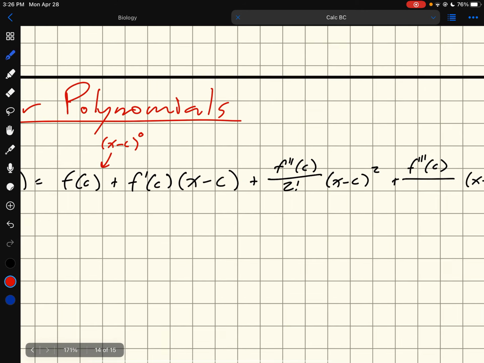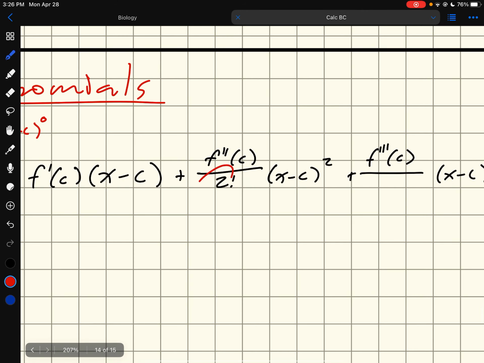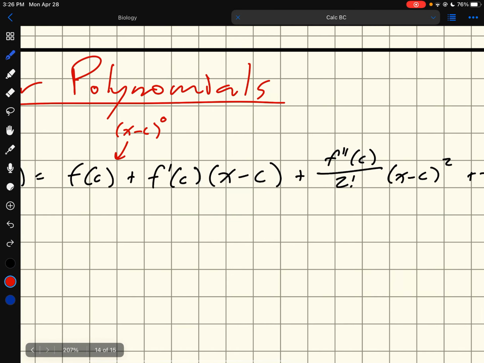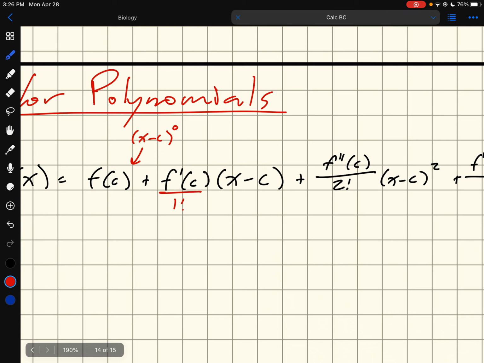And then another thing that's happening is we have this factorial here. Now, right here, there's technically a 1 factorial under that f prime, but we don't write it because 1 factorial is just 1, and anything over 1 is just itself. So this, I guess this is 0 factorial, but I don't know what 0 factorial is. Actually no, 0 factorial is 1, I think.